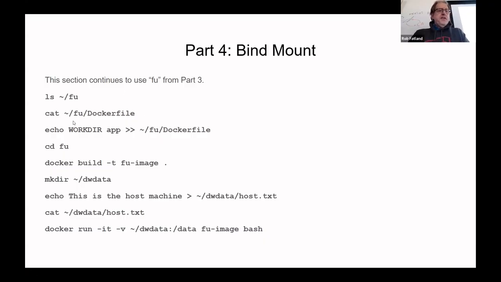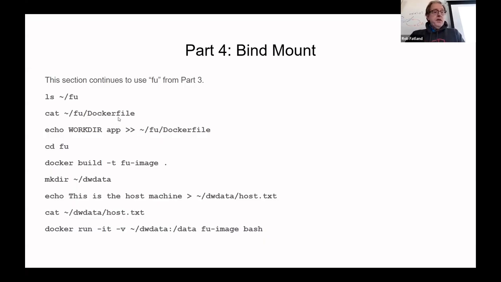Okay, so we're going to go back into the foo directory and we're going to add another line to our Dockerfile, which is WORKDIR /app. I wonder what that means.